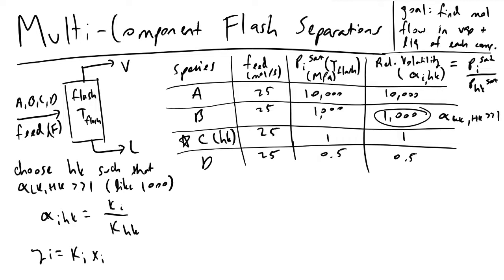And so if we solve for K here, we find that K sub i is equal to y sub i over x sub i. And we plug this into our relation like so. We'd have y sub i over x sub i, quantity divided by y sub HK divided by x sub HK.